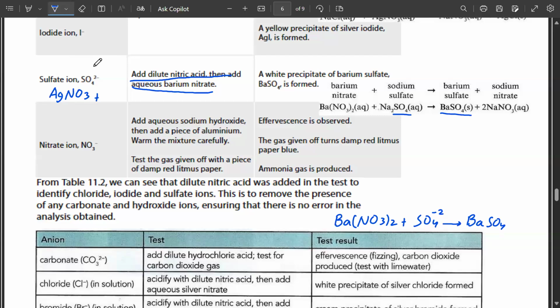So here it shall become AgNO3 plus H2SO4 giving Ag2SO4, because silver has a +1 charge and sulfate has a -2 charge, so that's why the formula is Ag2SO4, silver sulfate.